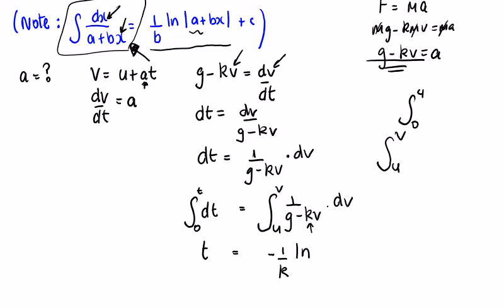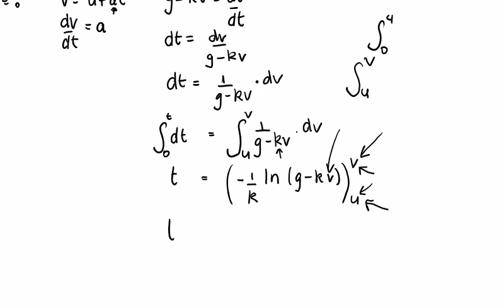And you can see here, it's just of the bottom, and the bottom we have is g minus kv. So it looks probably a little bit more complicated than it is. And the limits are v to u. So if we were integrating with respect to x, whatever values we get, we put in for x. We're integrating with respect to v, so we're going to replace v, firstly with v, and then with u.